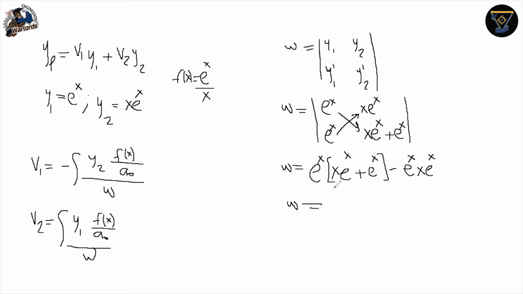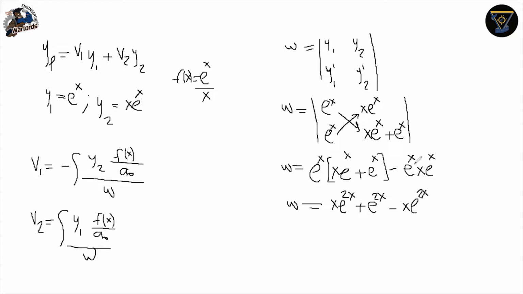So W is equals to, if we expand this out, x e to the 2x plus e to the 2x, and you're going to minus x e to the 2x.